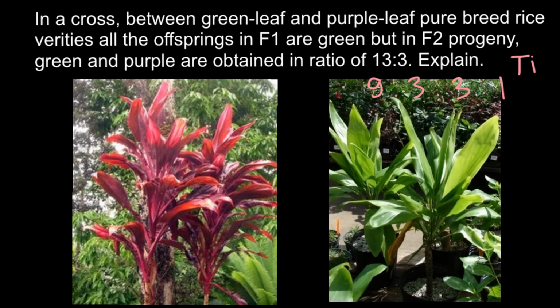So we are talking today about one gene that is suppressant and another one which produces this accessory pigment. And if no accessory pigment is produced, the color would be green. If it is produced, the color would be red, or as in our example, purple.